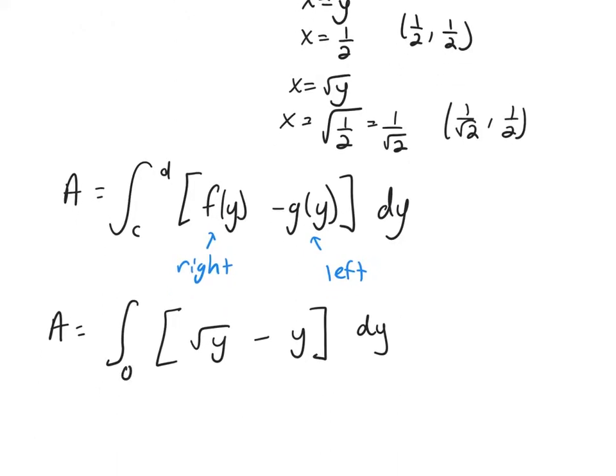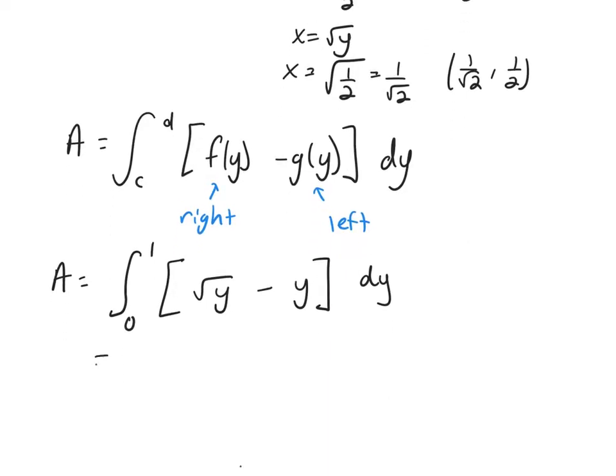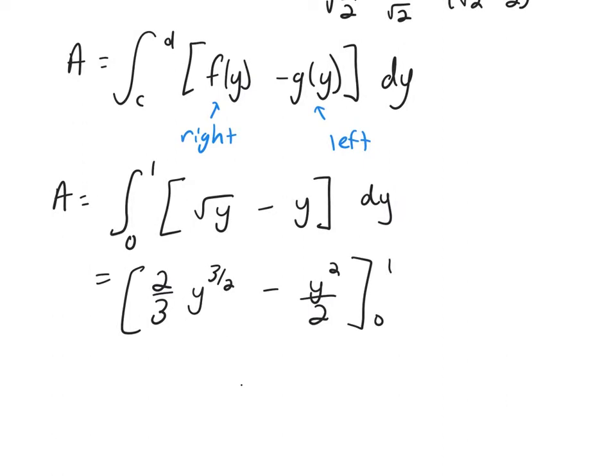It went from 0 to 1. Okay, so then you compute this, integrate, do your reverse power rule here. So you would get 2/3 minus 1/2. If you get a common denominator, that would be 1/6. So that's how you integrate with respect to y.